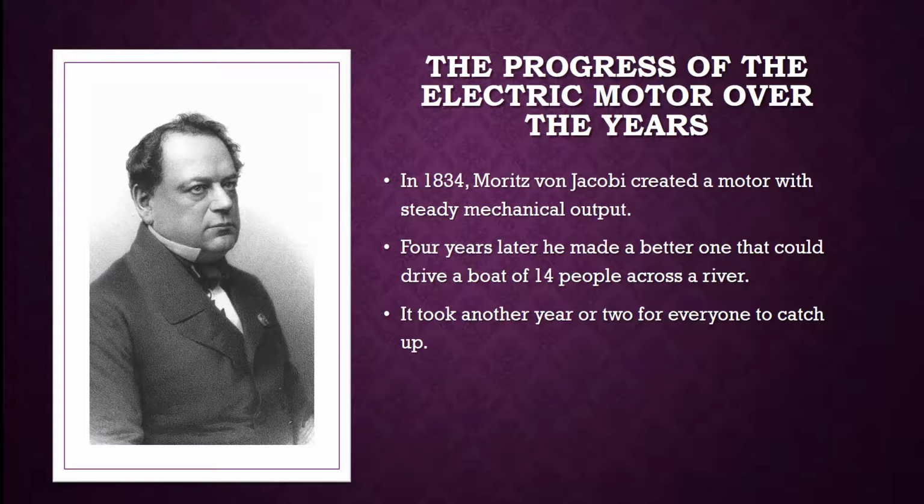It took another year or two for everyone to catch up in around 1839 and 1840, and that's when larger companies started creating motors that either equaled or eventually surpassed Jacobi's own inventions.